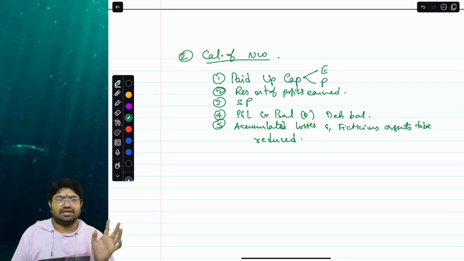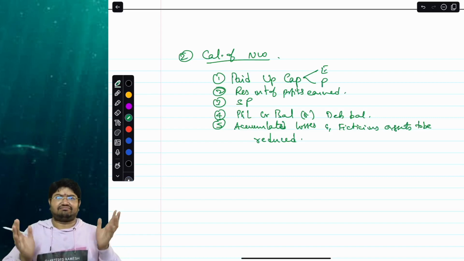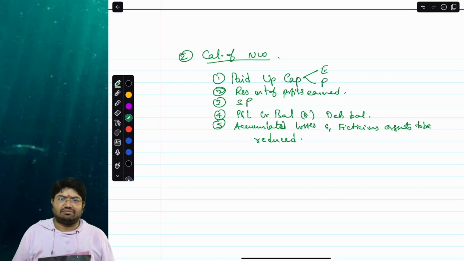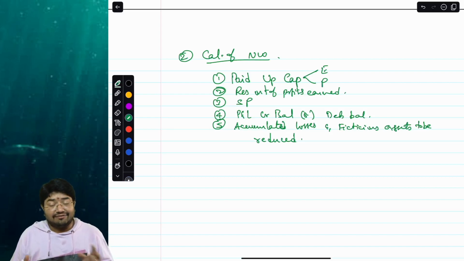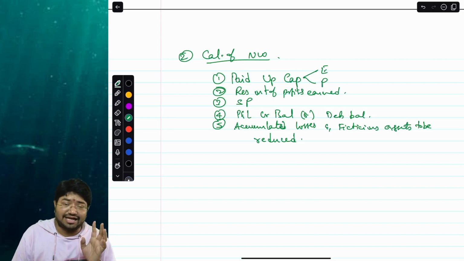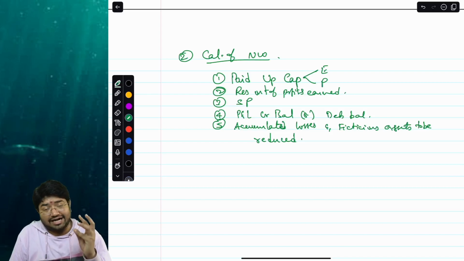No. It is a balance sheet uplift, facelifting. That's all. It is not something which is really earned. Revaluation reserve, it is not real profit which is earned, so I cannot add it as part of my net worth.